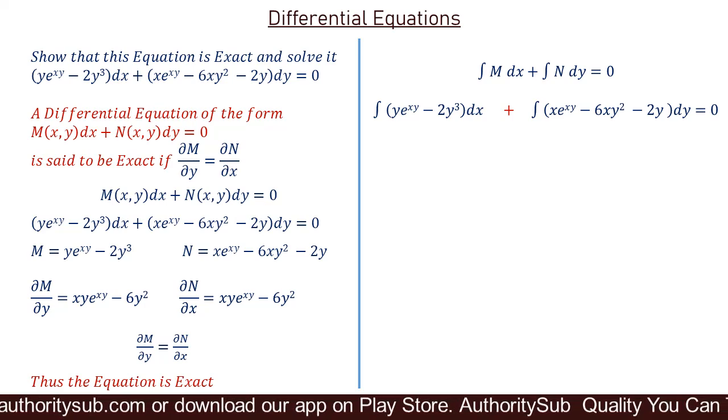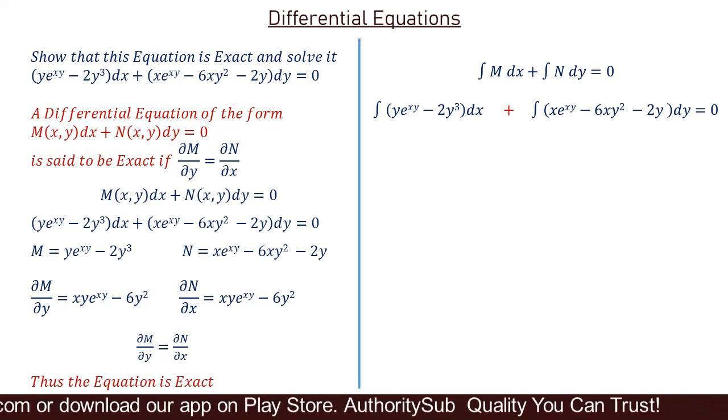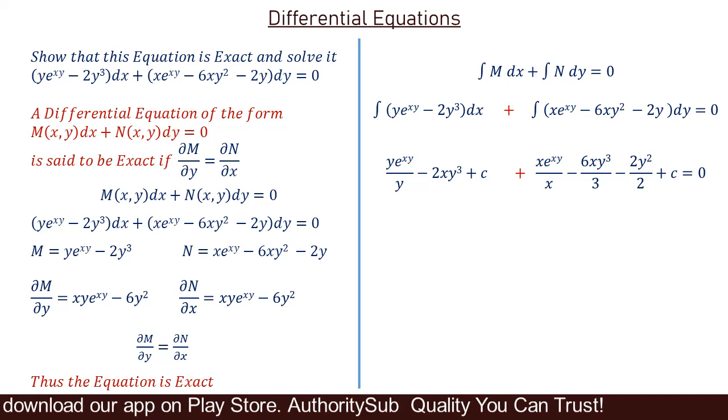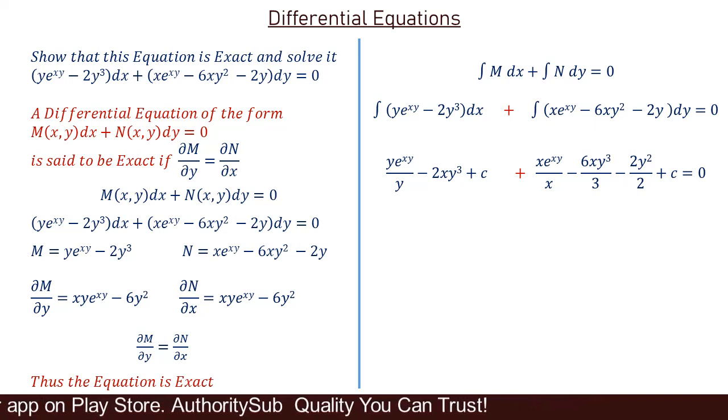When we integrate y e^(xy) with respect to x, it's going to give us y e^(xy) all over y. Then minus, when we integrate 2y^3 with respect to x, it gives us 2xy^3.